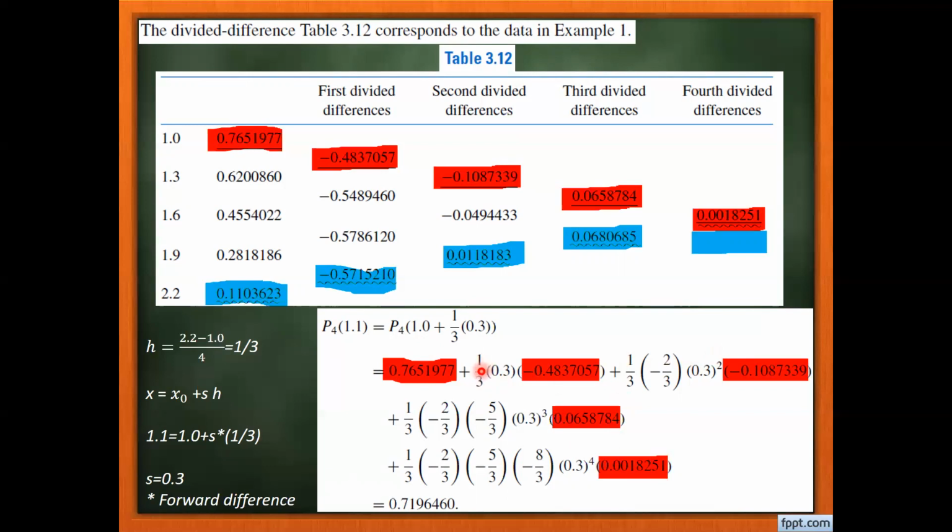So you can see here we have s, we have h. Then we have s times s minus 1 times h square. Then s into s minus 1, s minus 2 into h cube, and so on. We're just substituting the values in Newton's forward difference interpolation polynomial. To get the idea exactly, hopefully you have written the forward difference formula on paper, and then you can better understand this.